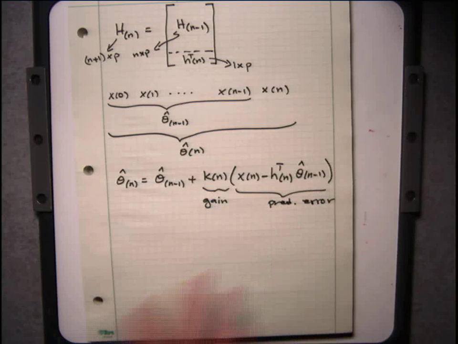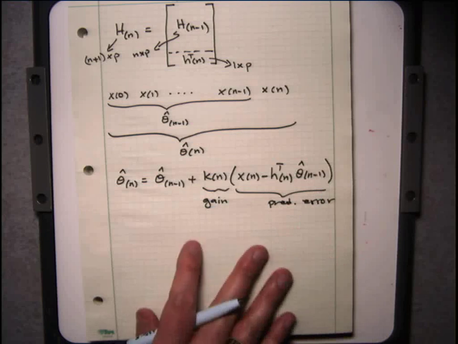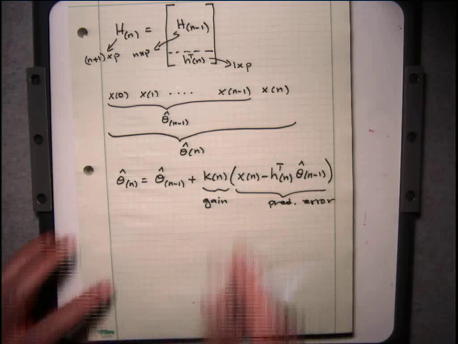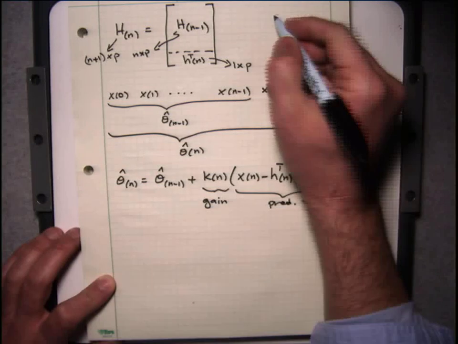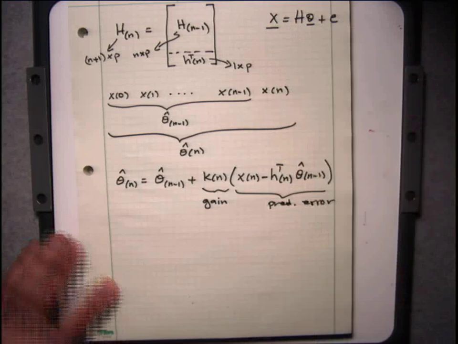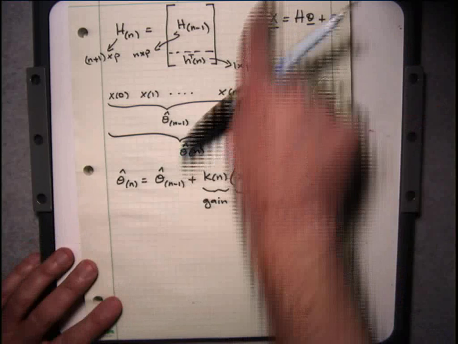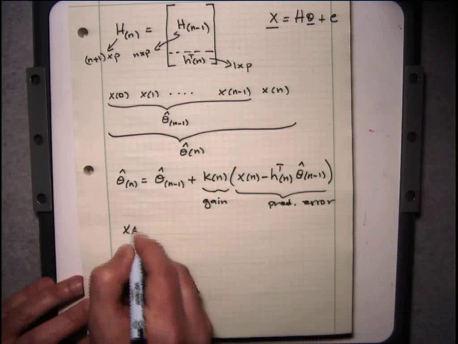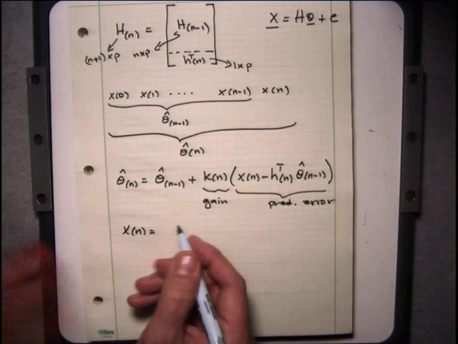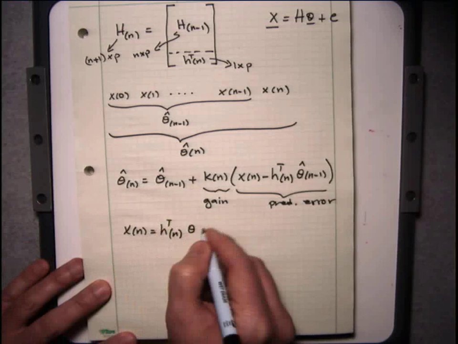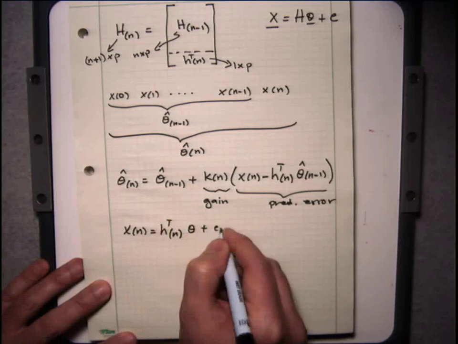But at this point, it's worthwhile stopping and taking a look at the model that we started off with from the beginning. Remember, corresponding to this whole thing was this matrix expression H theta plus error. If you write one of the elements of x, let's say xn, the nth data point is h transpose n times theta plus e of n.